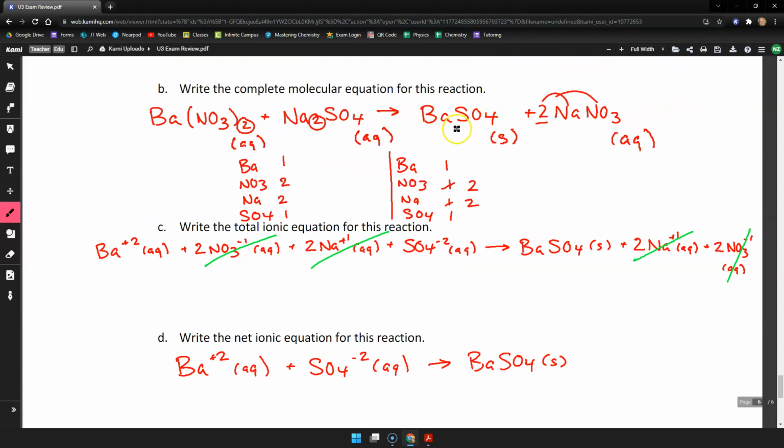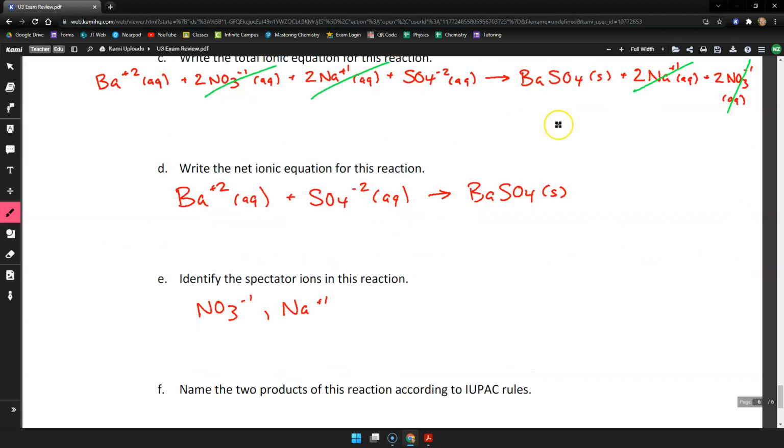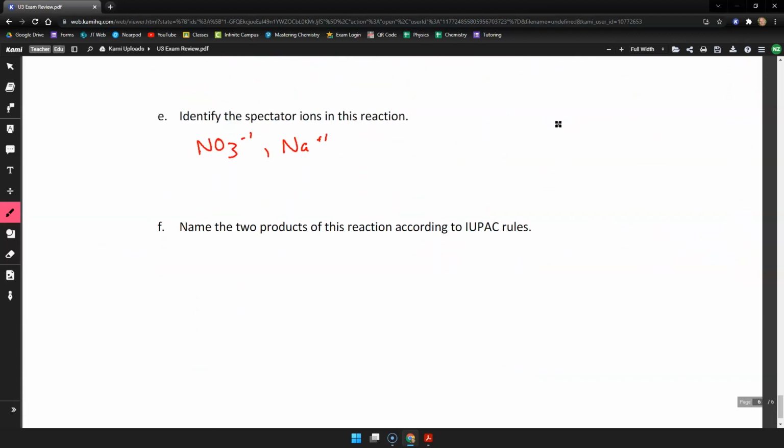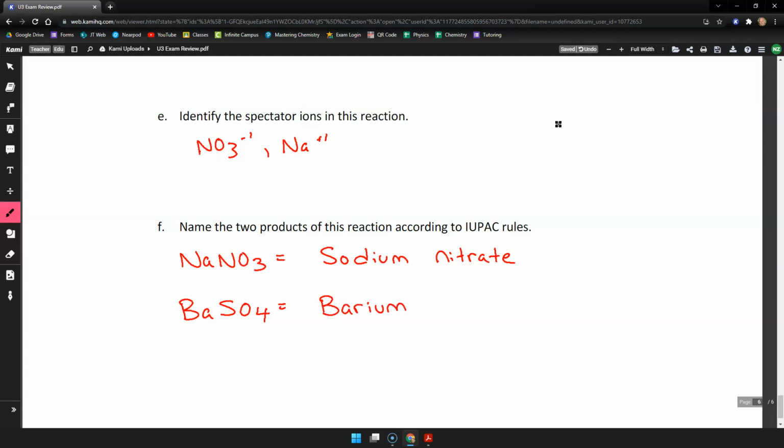So BaSO4 and then NaNO3. NaNO3, sodium, and then NO3 is nitrate. We don't change the ending because NO3 is polyatomic. The other one we had was BaSO4. So that's barium, and then SO4 is sulfate.